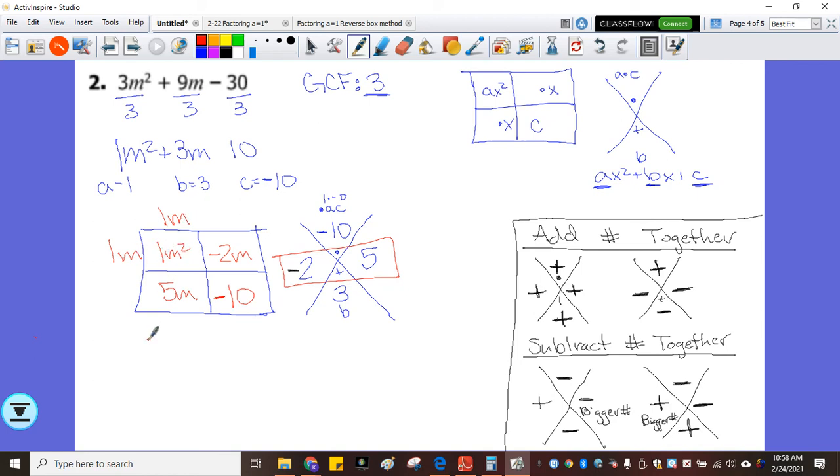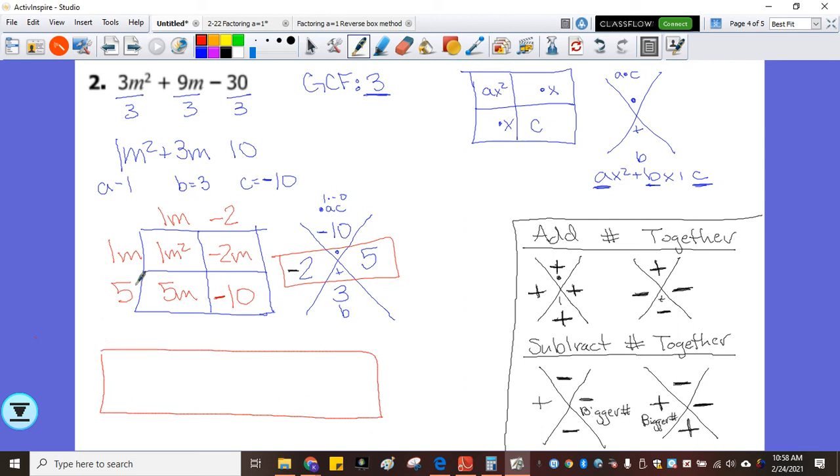M times m is m squared. It's easier when it's ones, because then it's just 5. Yeah, so 1m times 5 gives me 5m. And then 1m times -2 gives me -2m. And then 5 times -2 gave me -10. So you're right. If this is just all ones, it's a lot easier.